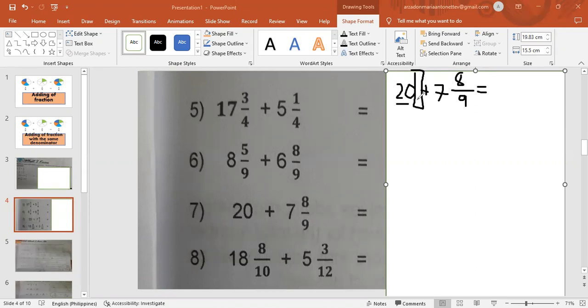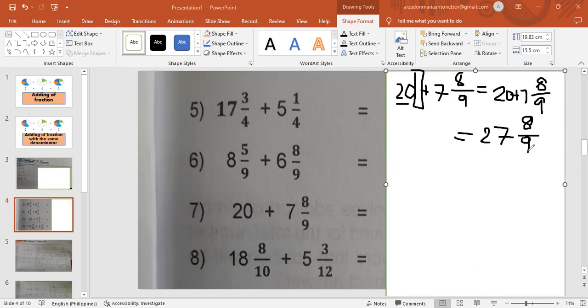That is just imaginary. So 0 plus 8 over 9 is 8 over 9. Just simply copy that. Don't make that one complicated. And then just add the whole numbers, 20 plus 7. So what's the answer? The answer is 27 and 8 over 9.